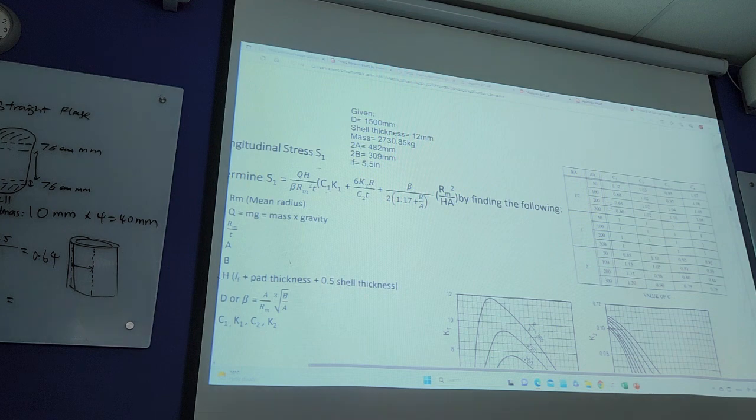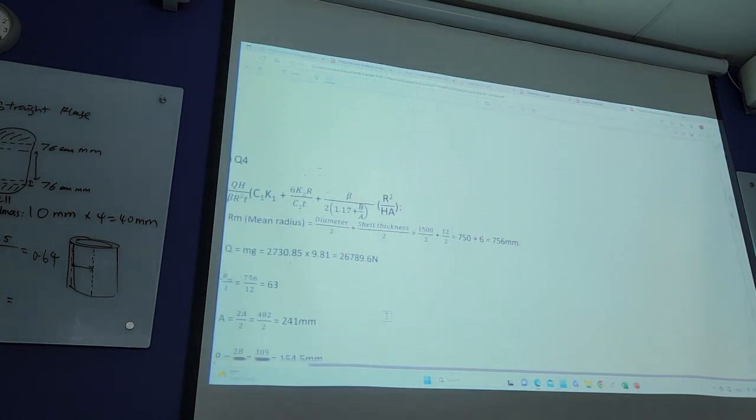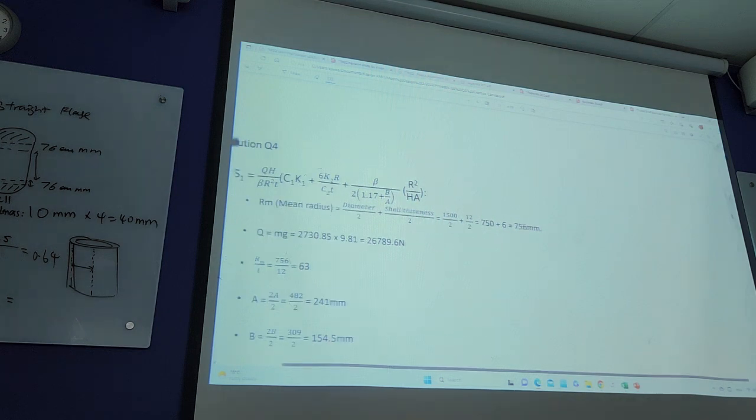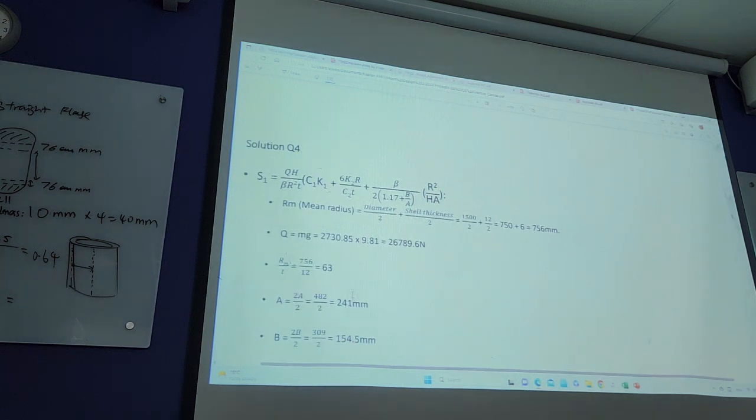But why is it not 63? Sorry, RM over T is 63. RM just now is what? Just now the solution. This one should be RM over T, right? Oh, okay, already done. Sorry, apologies. RT is already 756 over 12. Alright, so the value is 63.